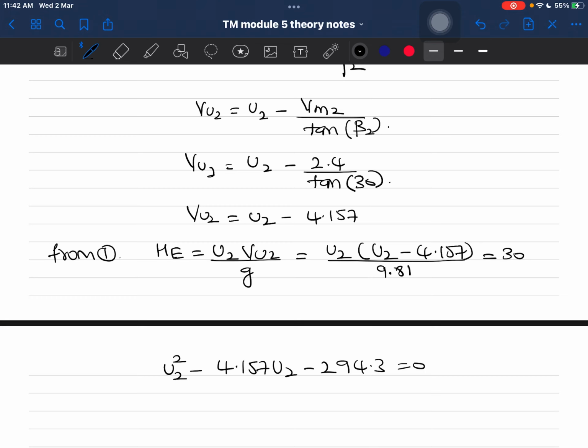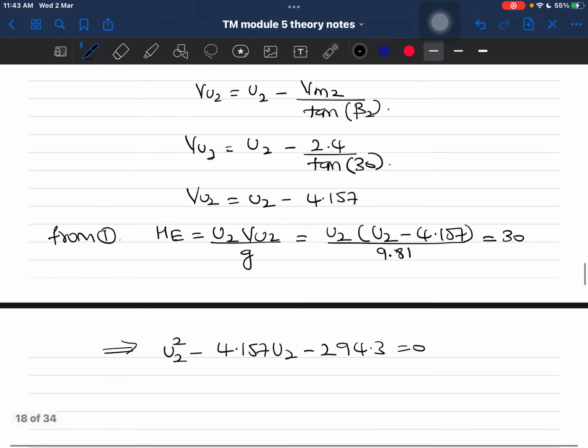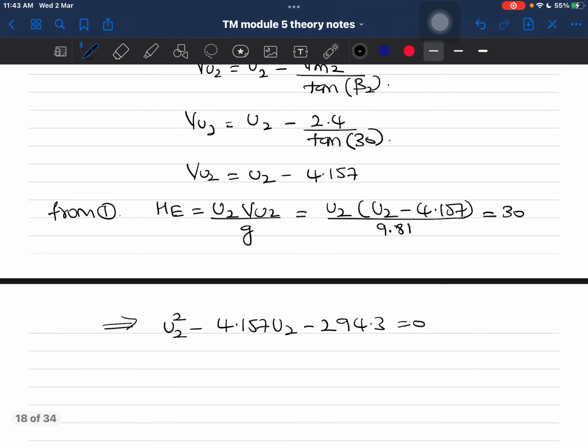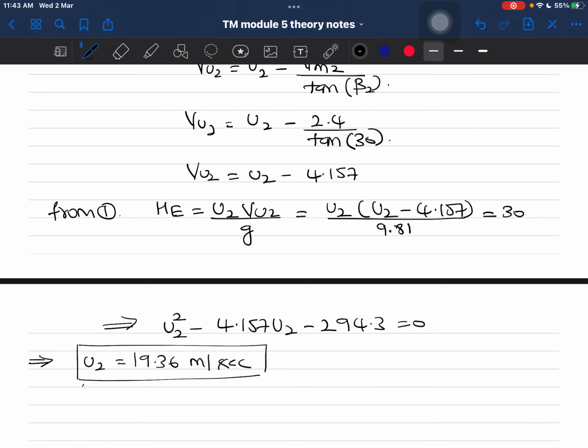You can solve this directly using the calculator. You will get the value of U2 to be 19.36 meters per second.